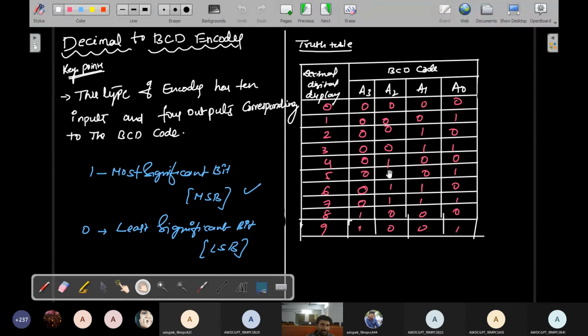So the BCD MSB always represents the 4, 5, 6, 7 terminals of the digital display. That's why A2 represents 4, 5, 6, 7. Similarly, the MSB of A1 in BCD is 1 for 2 and 3 and 6, 7. So that's why A1 can be expressed as 2 plus 3 plus 6 plus 7.